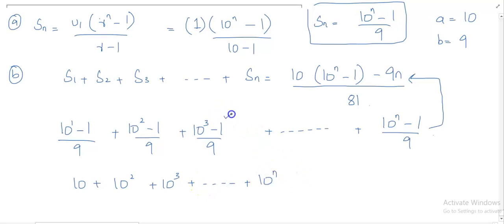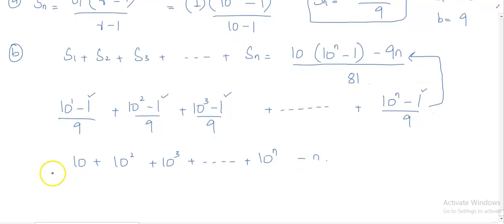And if you look over here, that's minus 1, minus 1, minus 1, so I can write that as negative n. Whereas all of this can be written as one single number, so I'll write that as the 9, right?